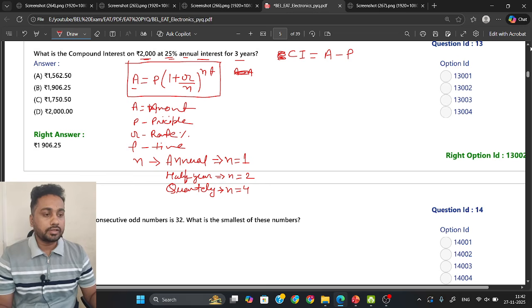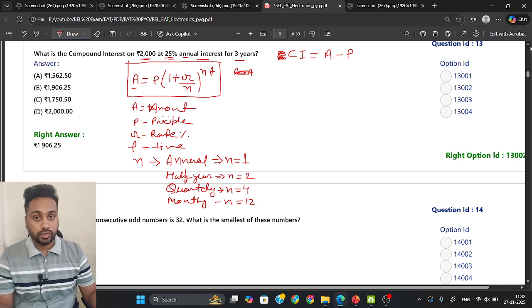And when they ask monthly, for a monthly period interest, you need to put n equal to 12. So you need to remember this.